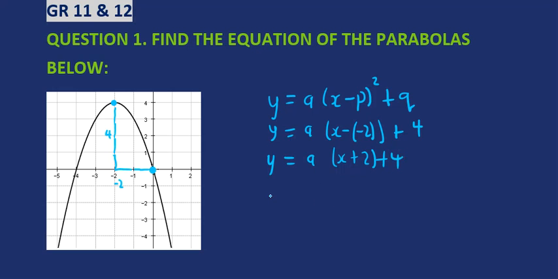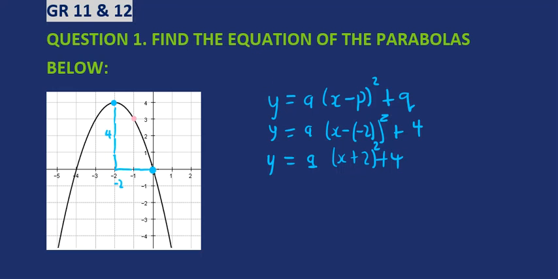Alright, now what's left is for us to find the value of a. So how do we find the value of a? We could choose any coordinate point as long as it's on the graph, and I think this would probably be the easiest point to choose over here.